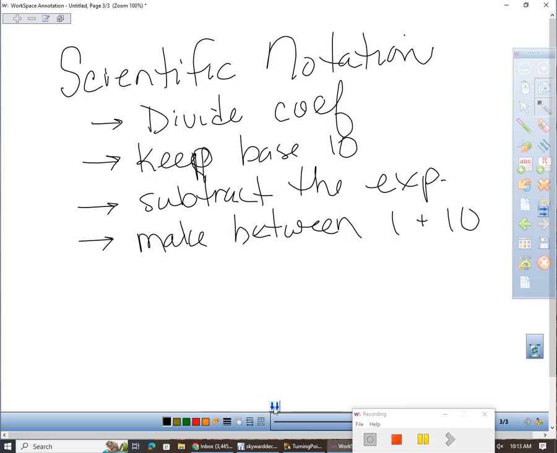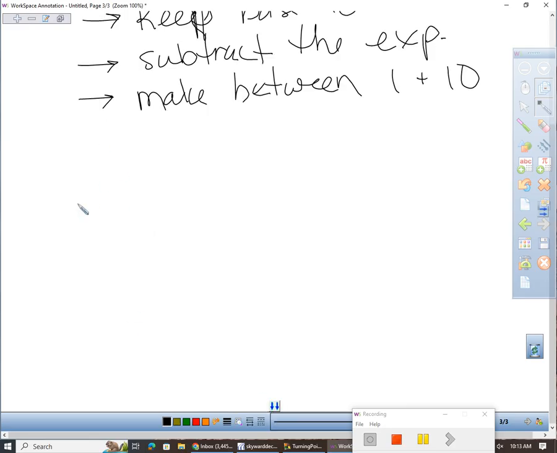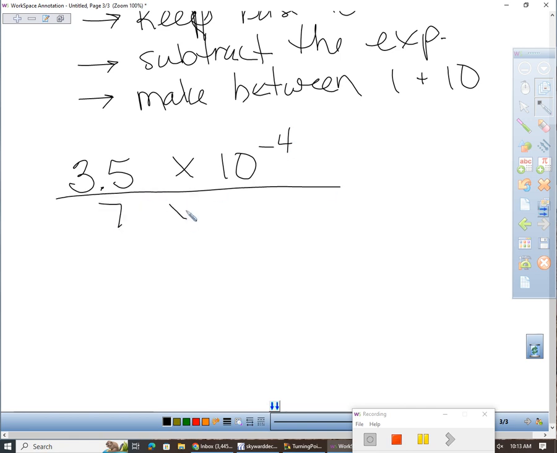All right, so let's say I start off with 3.5 times 10 to the negative 4 divided by 7 times 10 to the negative 2. So the first thing we do is divide our coefficients.